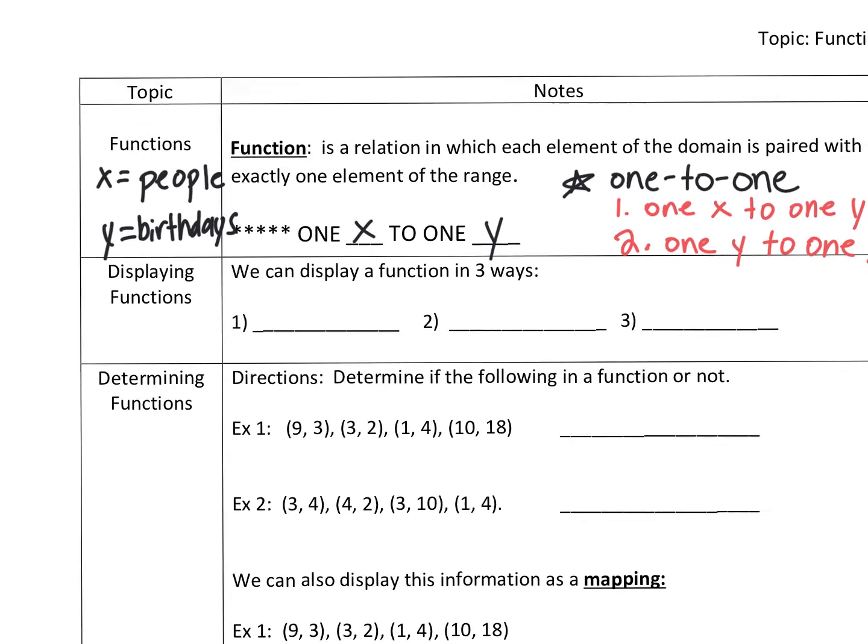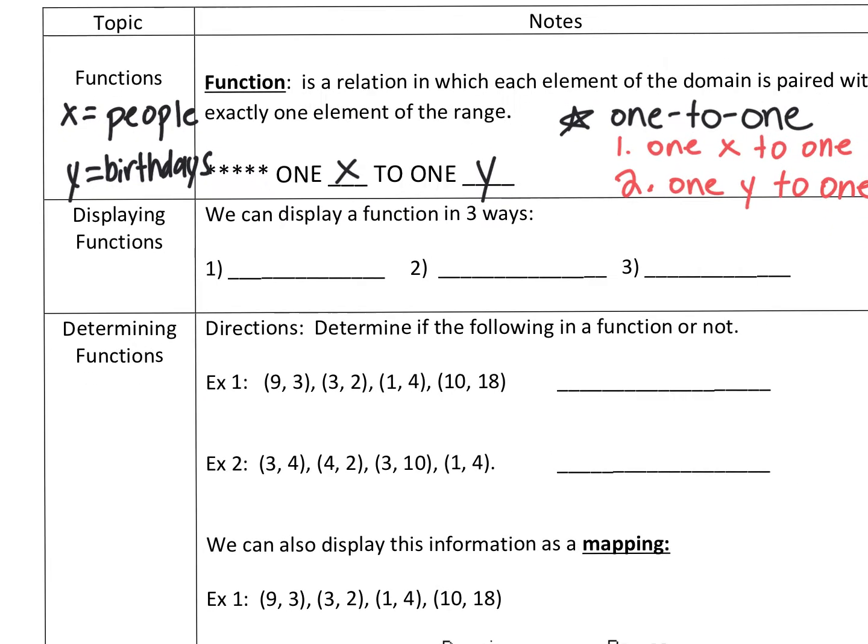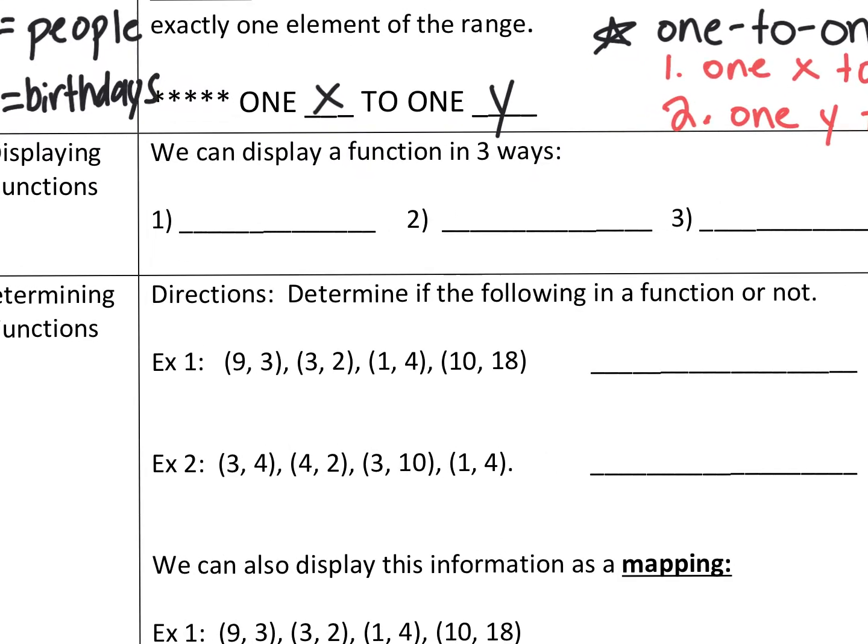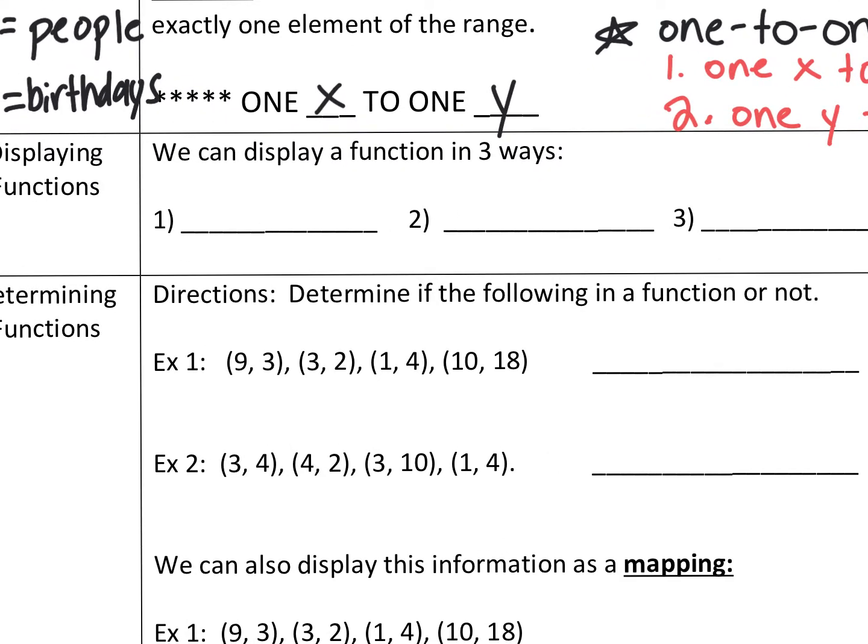Okay. So that's just kind of how I want you to think about these if you struggle. Displaying functions. The first way that we can display functions is through ordered pairs. We can display ordered pairs just by writing parenthesis x, comma, y, close parenthesis, right?